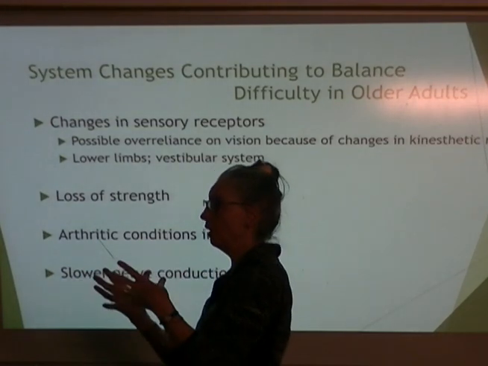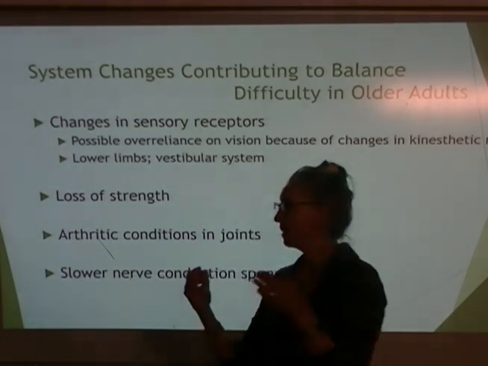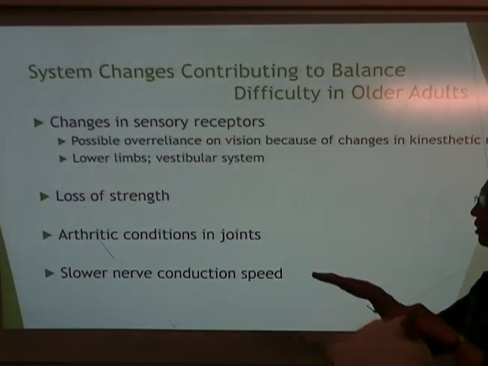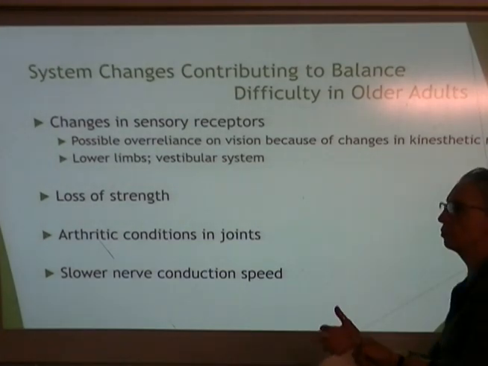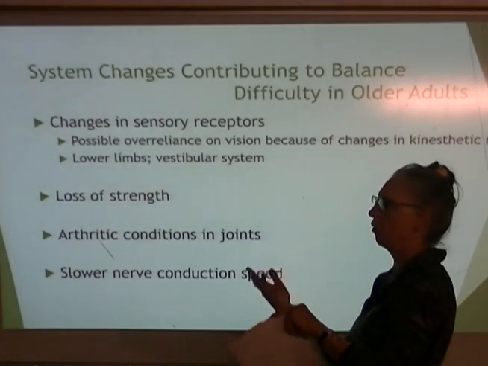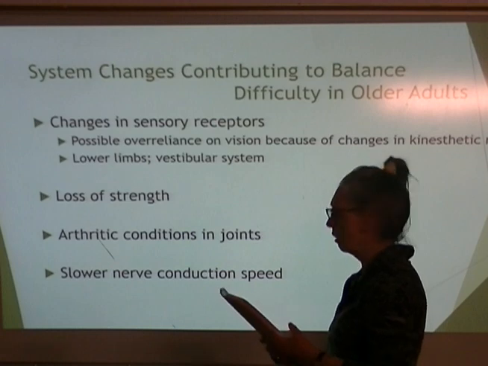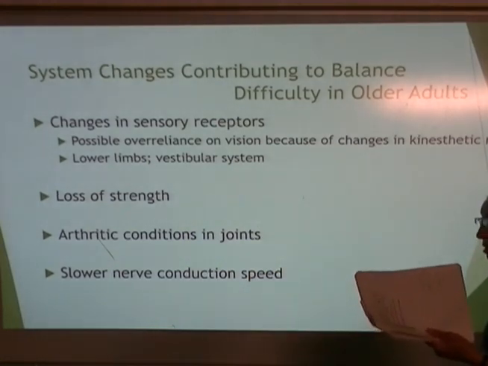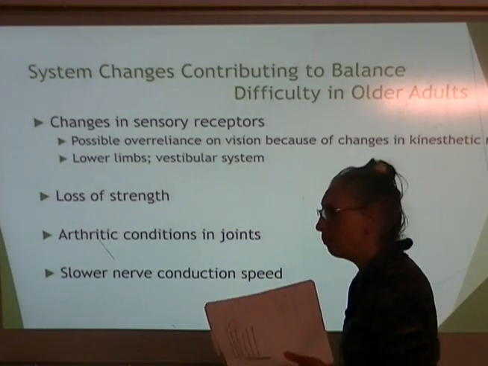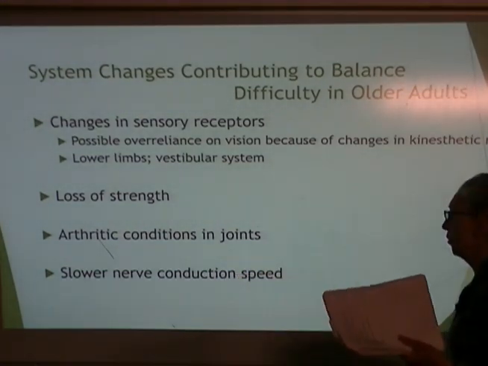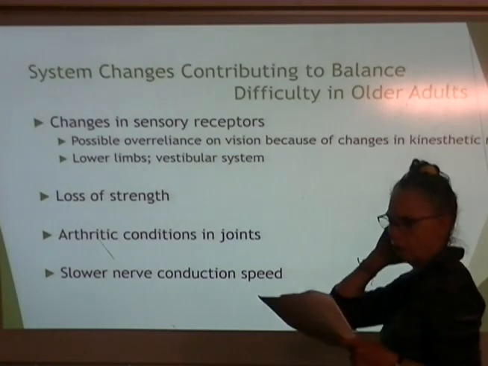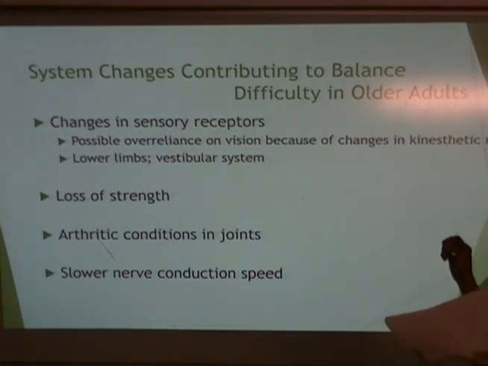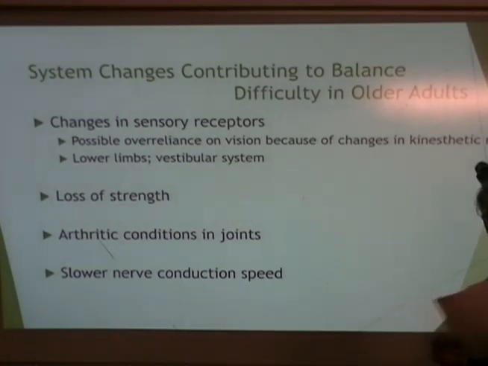So if you're working with people with diabetes, you've got to be much more aware of the surface, of their shoes, of the quality of their balance, right? For older individuals, arthritis in the knee or the hip could make a difference. And I already mentioned that the nerve conduction speed, the signal speed, could be much slower.